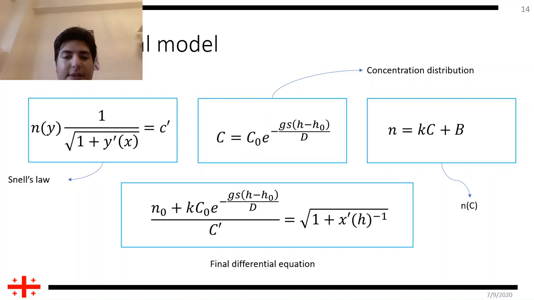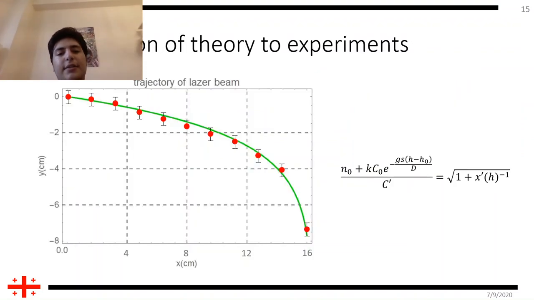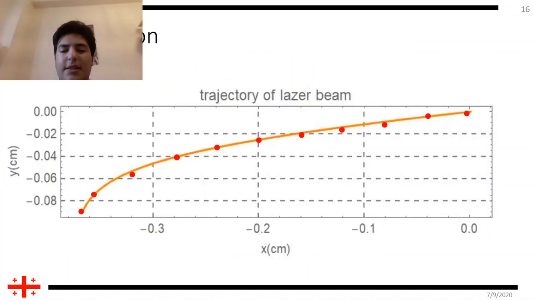After combining these three equations, we have this final differential equation, which we solve in Wolfram Mathematica, and finally get this theoretical line. On this theoretical line, we also see experimental dots, which fit our theoretical line. Every point fits our theoretical line. This is the same experiment, but for different data.